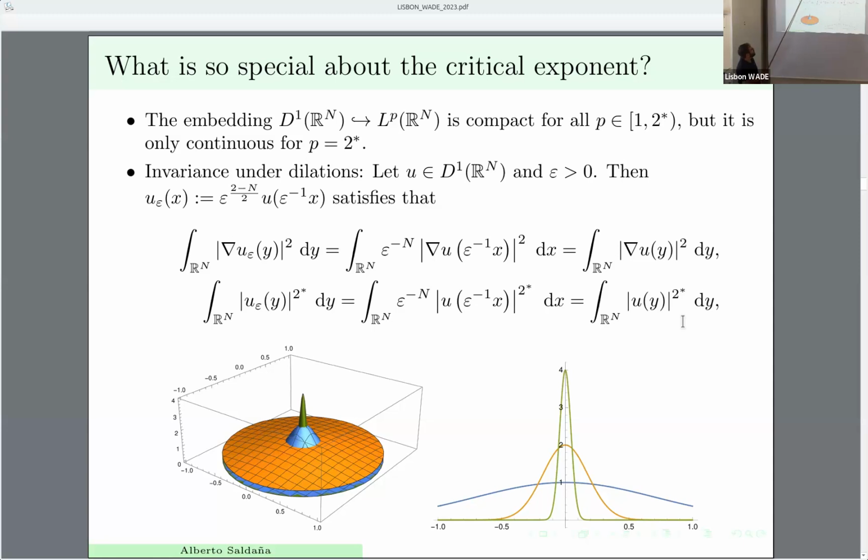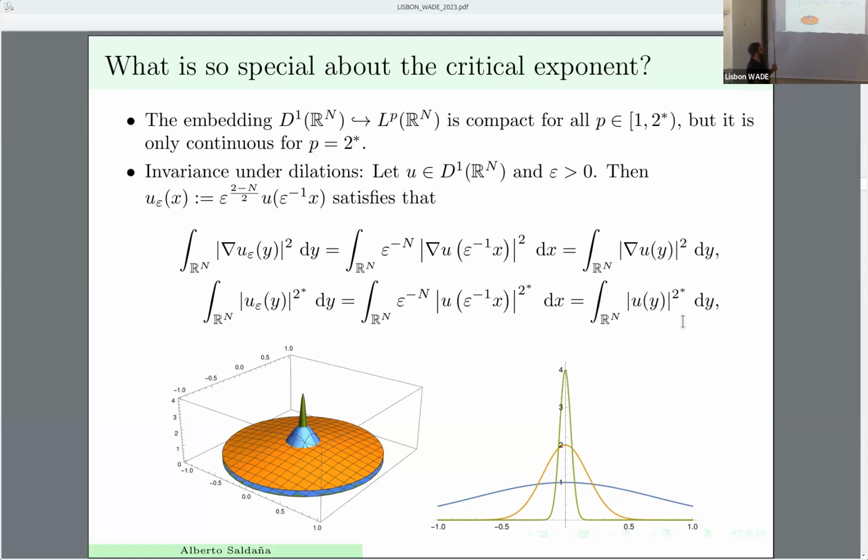And now the two terms in my energy functional are the L2 norm of the gradient and the L2 star norm of the function. So if I take a function u in this space where my energy functional is well defined, and I construct a dilation in this sense, so I scale the variable and I multiply by a suitable term, then the L2 norm of the gradient and the L2 star norm of this scaled function remain invariant.